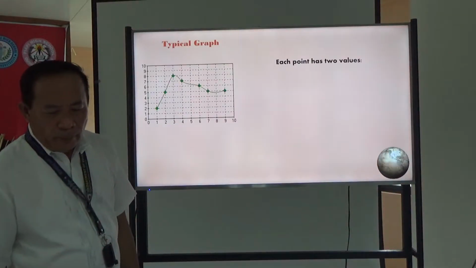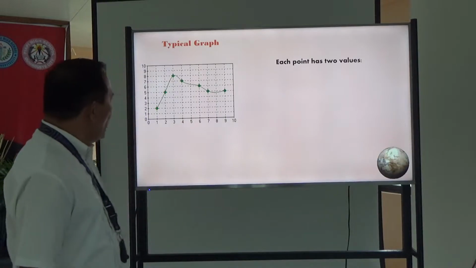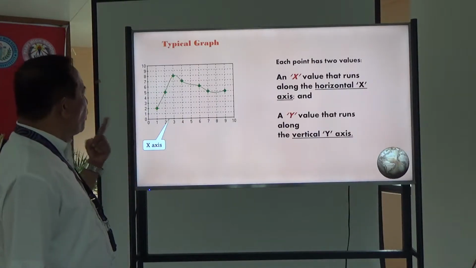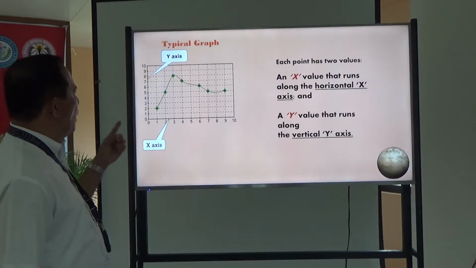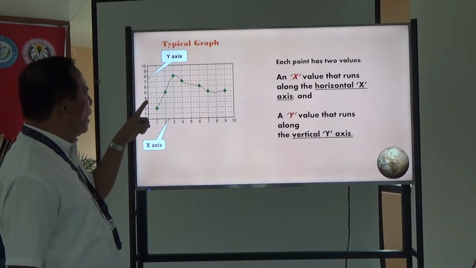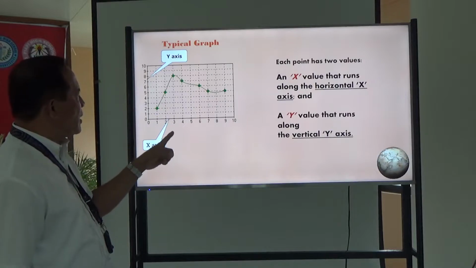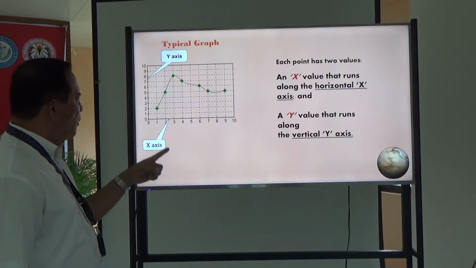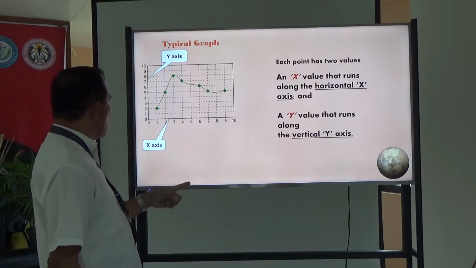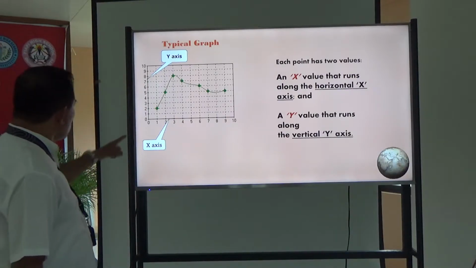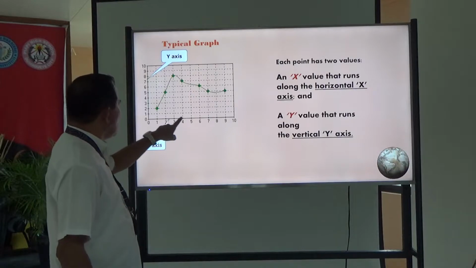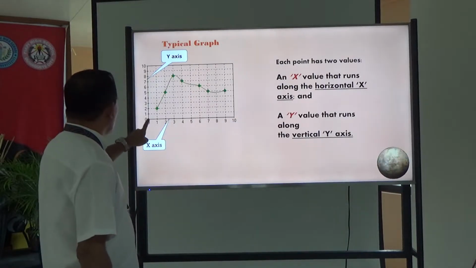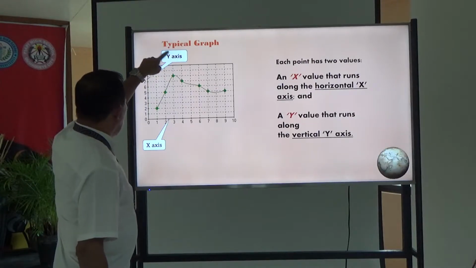And in here, each point has two values: an x value that runs along the horizontal x-axis and a y value that runs along the vertical y-axis. You can see, this is the x-axis, while this is the y-axis.